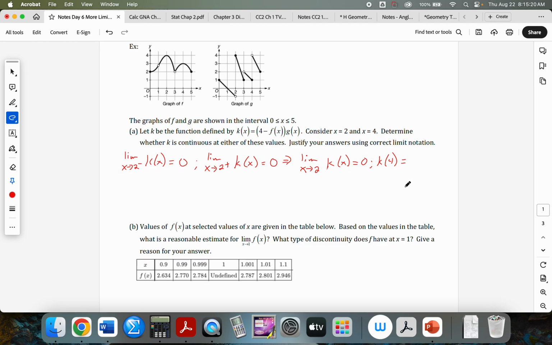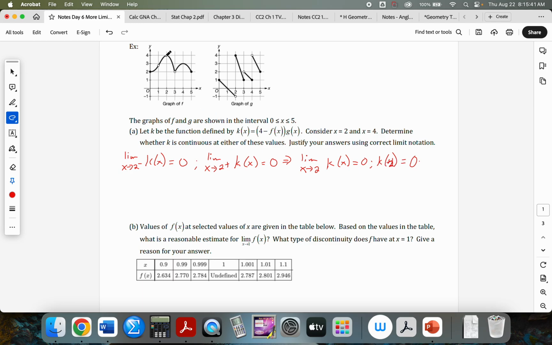So k at 2 is going to be equal to, well, that'll be 4 minus 4 is 0 times g at, sorry, I don't know why I'm looking at 4, k at 2.